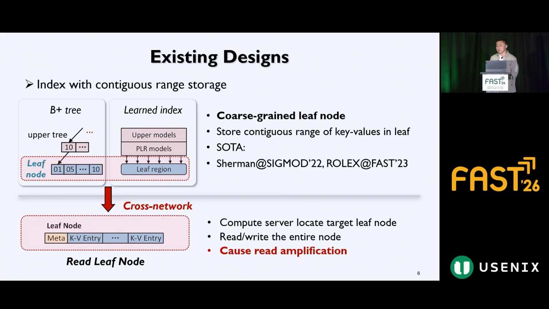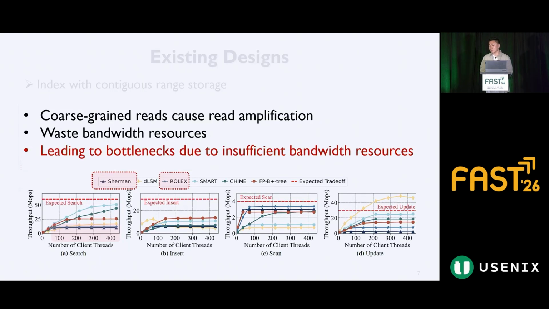First, indexes with contiguous range storage, such as B+ trees, use coarse-grained leaf nodes, where each leaf node stores a contiguous range of key-value entries. During a key-value request, the compute server roughly locates the target leaf node and then remotely reads the entire node from the memory server. The coarse-grained reads cause read amplification, wasting bandwidth and leading to bottlenecks due to insufficient bandwidth resources, especially during search operations.